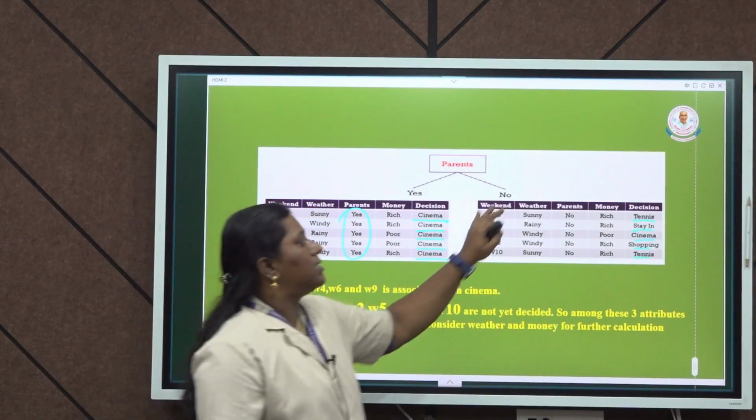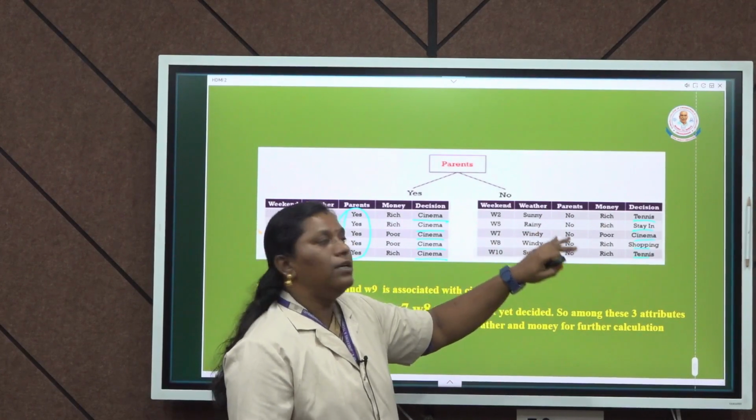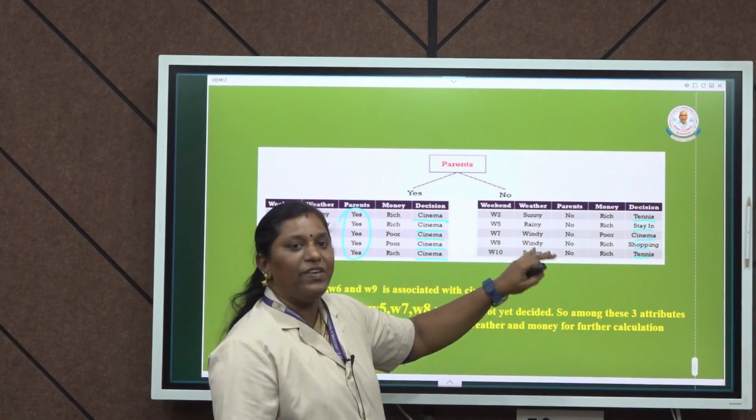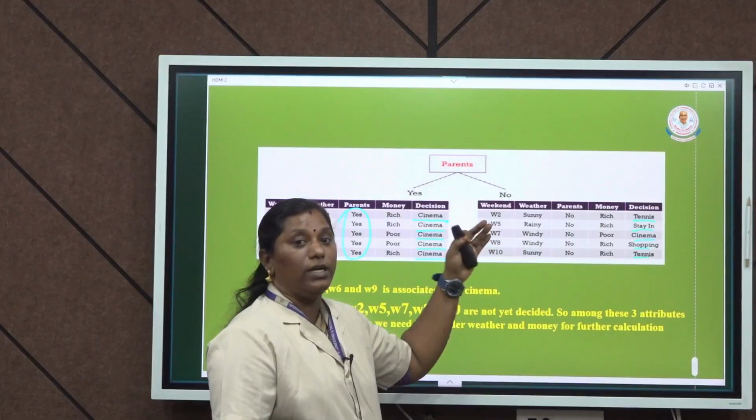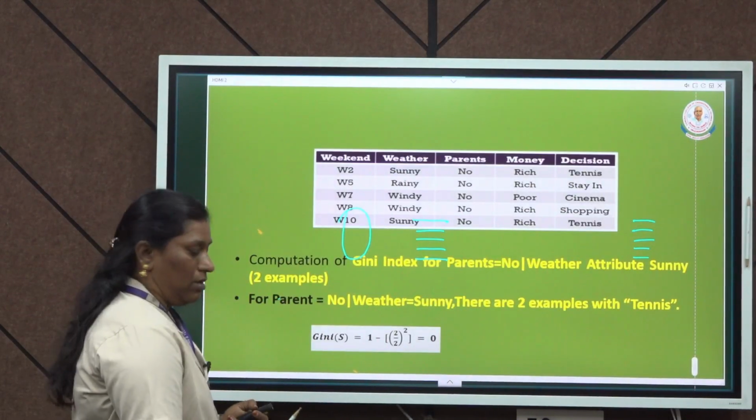We are going to split this no branch by considering weather and money, eliminating parent, as we have included it already.